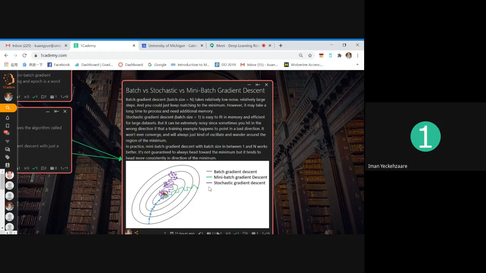There is something very important to mention here. This comparison also depends on your use case. If in your use case you have a long time available for training the model and it will be used forever, then it's better to use batch gradient descent.